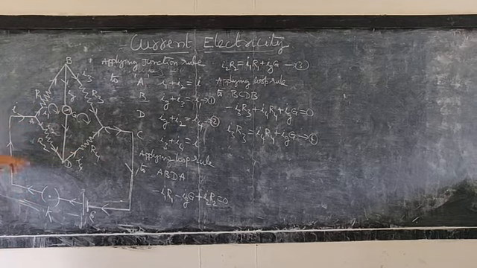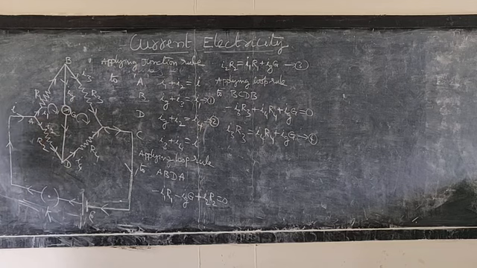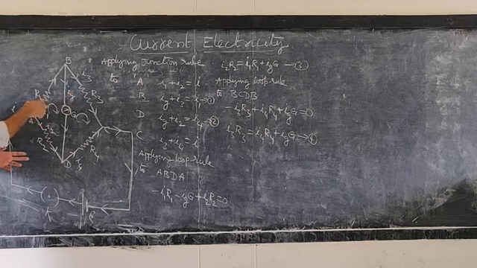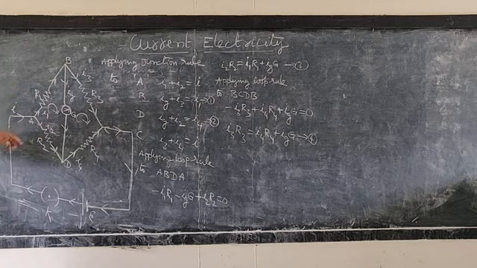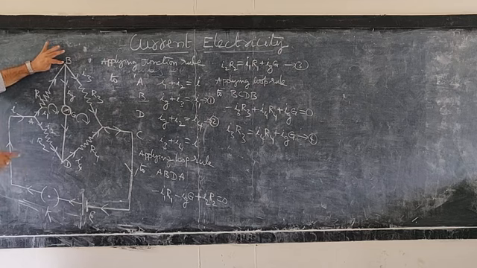Consider them like that. By adjusting the resistance boxes or resistors, by changing the values in any of the arms of the resistances in the Wheatstone bridge, the potential at B and potential at D are made equal.